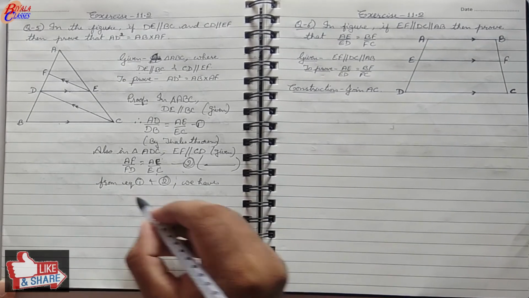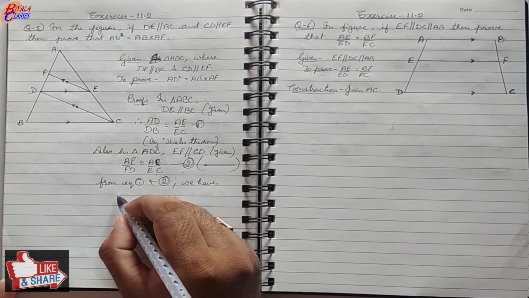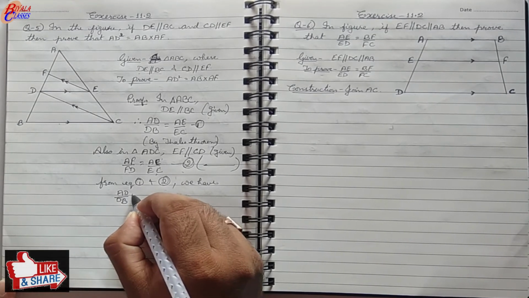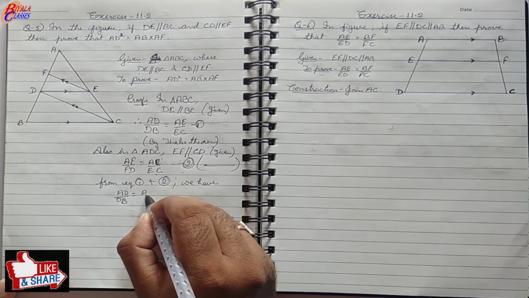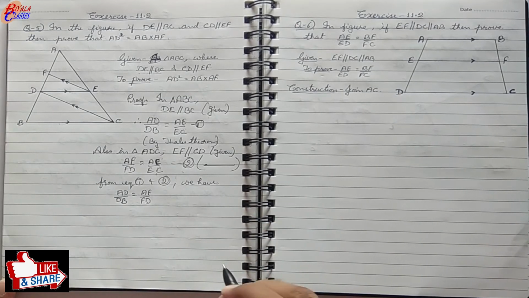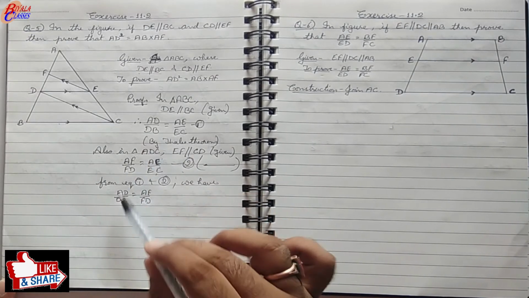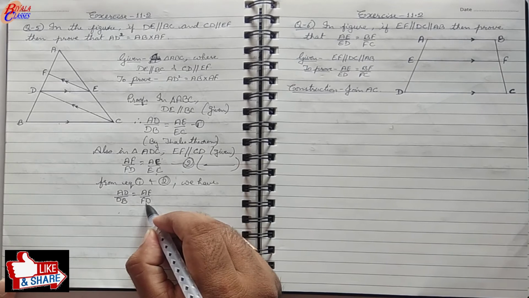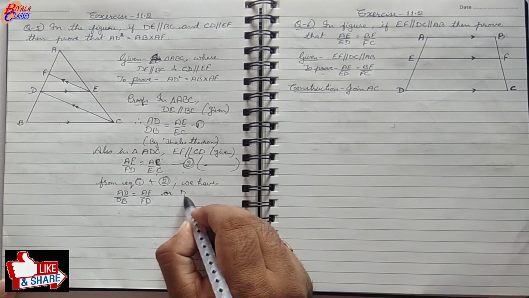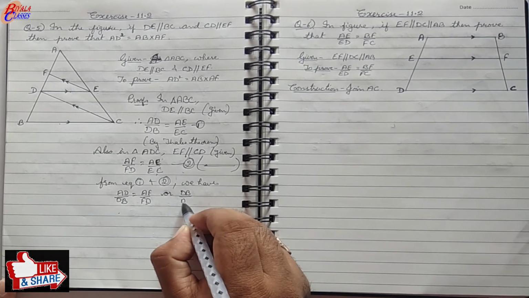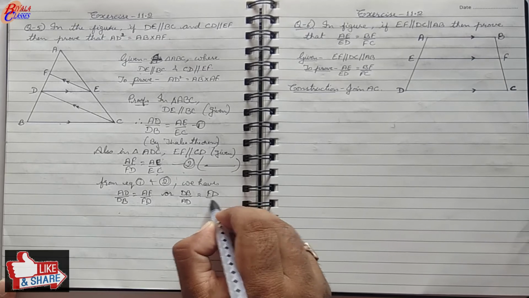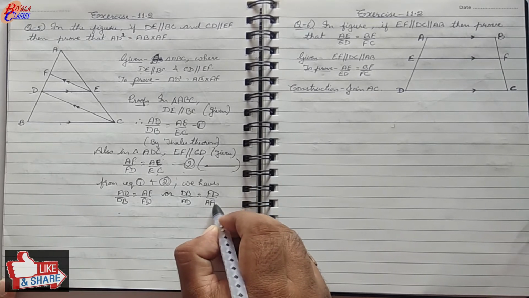We have AD upon DB is equal to AF upon FD. So comparing these, the left hand sides are equal. Now this same ratio, we can write it as DB upon AD equals FD upon AF.